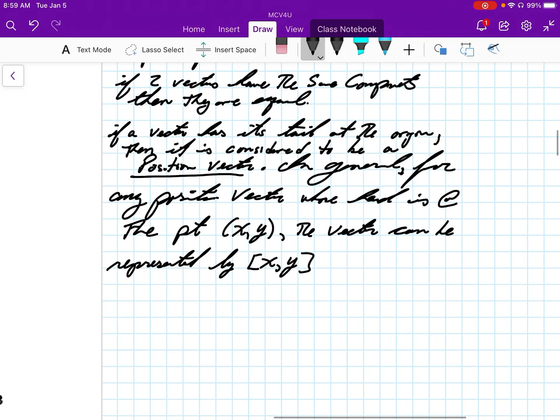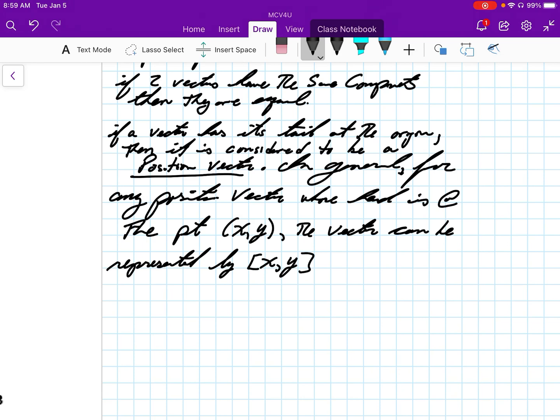So that's what we have for the position vector. We have square brackets for a vector. The components make up the vector itself. It tells us where we're going. A position vector goes from the origin to the head of the vector itself.